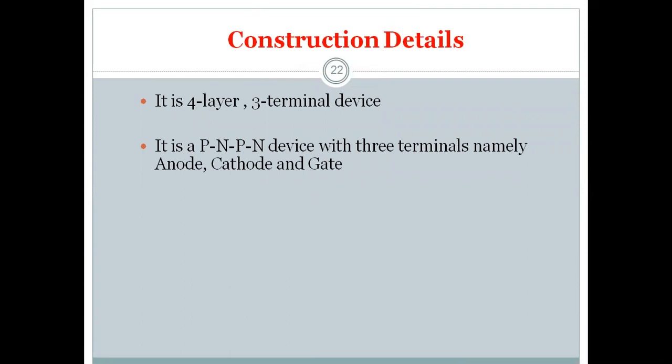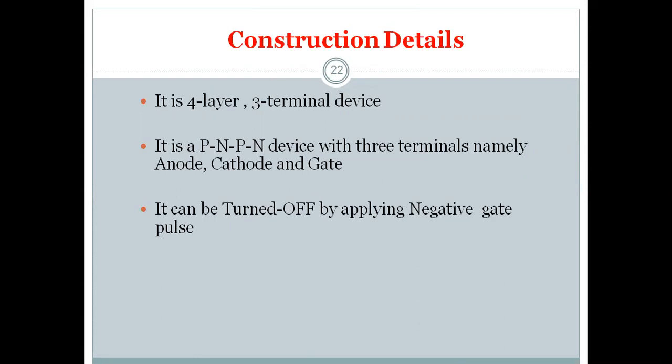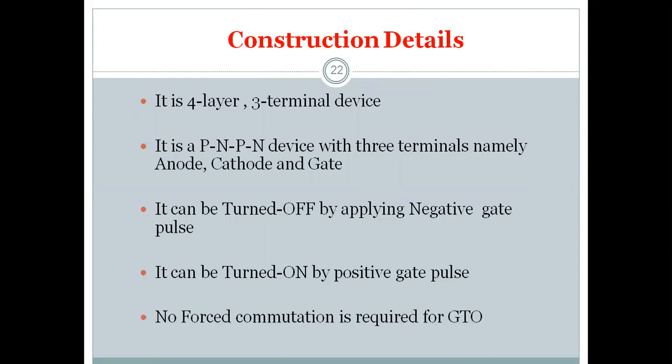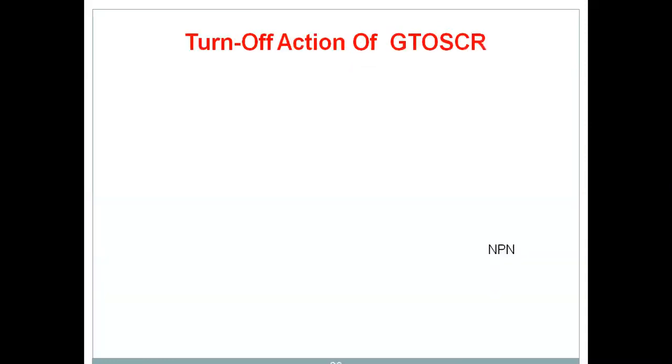It is a four-layer, three-terminal PNPN device, namely anode, cathode, and gate. It can be turned off by applying a negative gate pulse. It can be turned on by a positive gate pulse. No forced commutation is required for GTO.